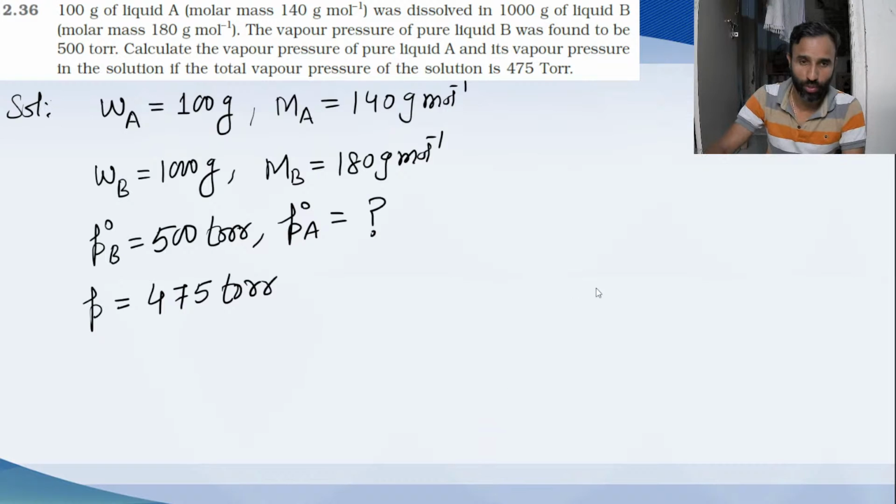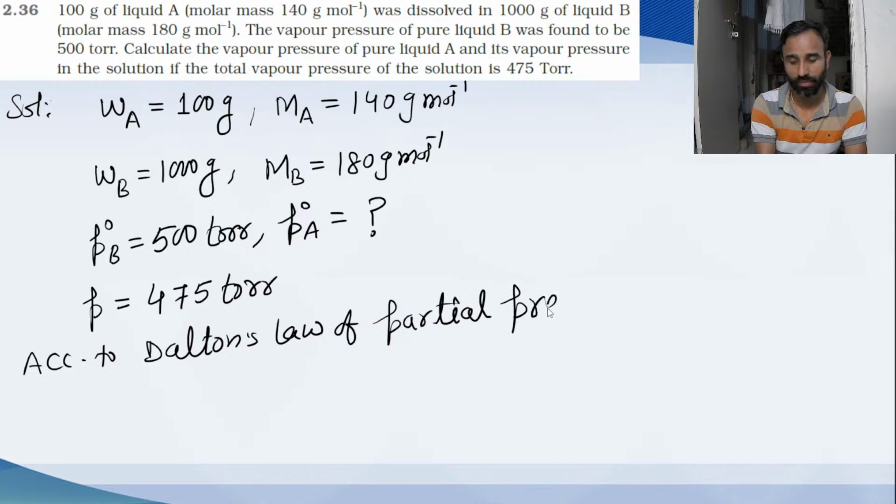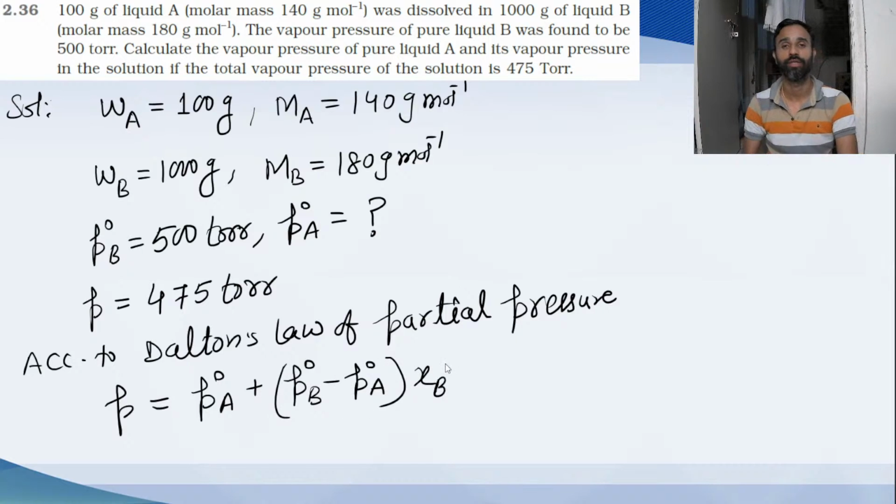First, we will write the formula for the total vapor pressure of the solution. According to Dalton's law of partial pressure, total vapor pressure of the solution is P naught A plus (P naught B minus P naught A) XB.